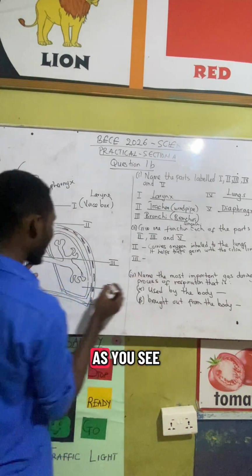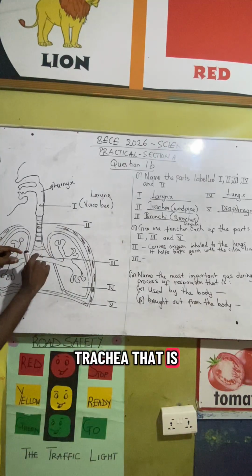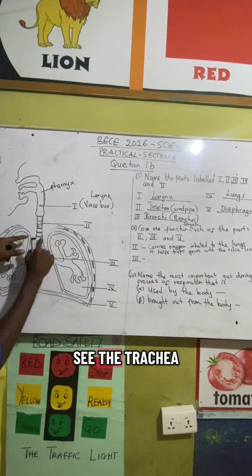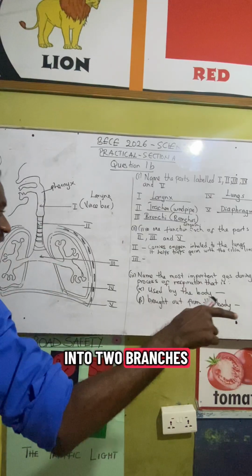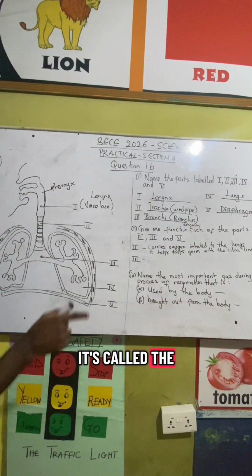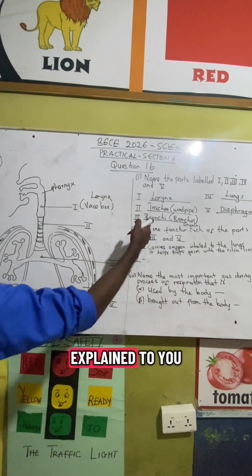So the bronchus, as you see, is like the trachea that is separated into two. I normally say the trachea, when it's separated into two branches, is no longer called trachea. It's called the bronchus, or the bronchi, as I explained to you in plural.